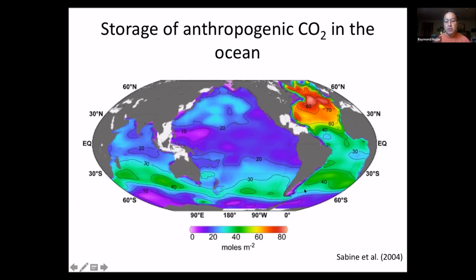But what it shows is that the ocean is taking up a lot of carbon dioxide in the northern hemisphere, particularly in the North Atlantic. And the reason why is that this is where a lot of water is sinking into the deep ocean. So the ocean can carry carbon into the deep ocean very, very quickly here. And there's other places where waters are sinking, and that's in the southern hemisphere.